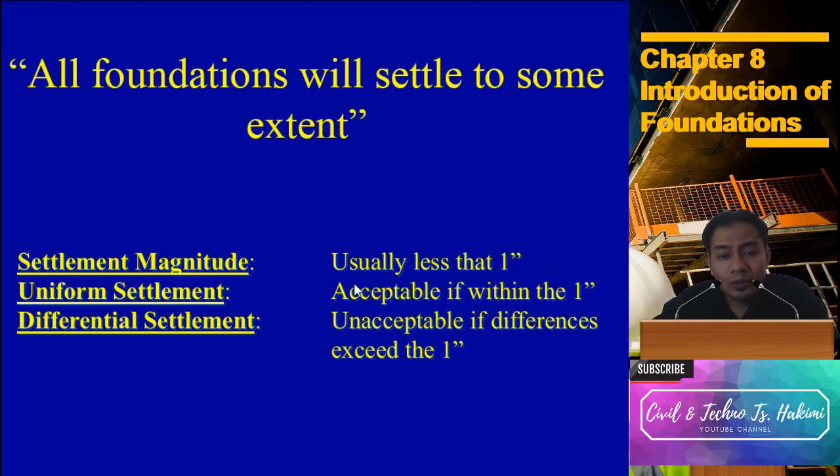For uniform settlement, it is acceptable if within 1 inch. For differential settlement between foundations, it is unacceptable if the difference exceeds 1 inch also. So 1 inch equals 25 mm.